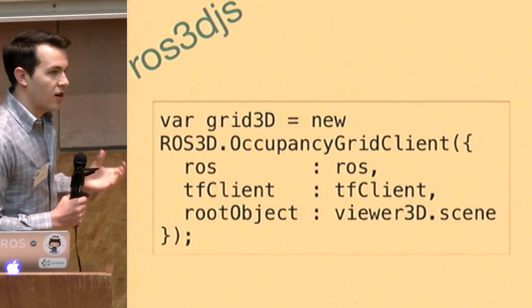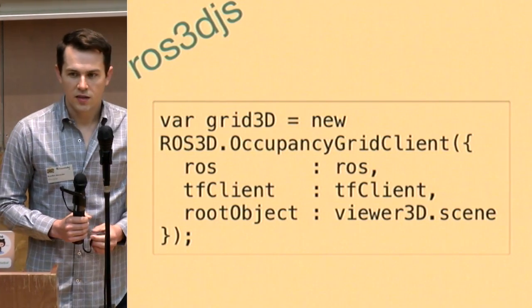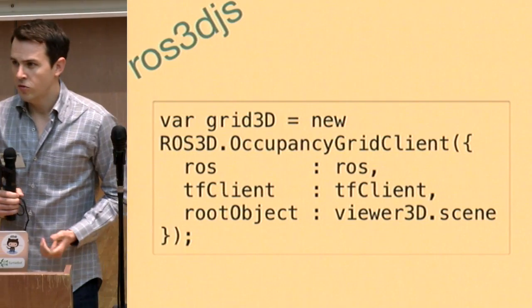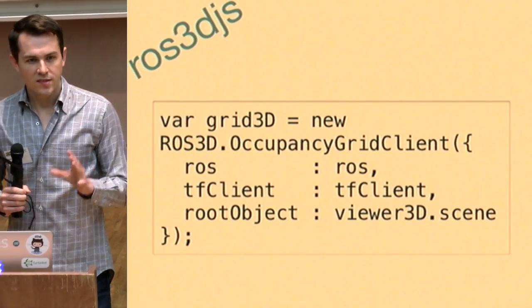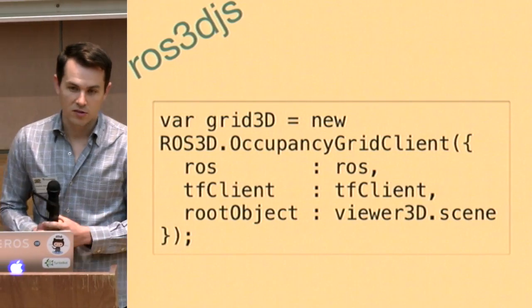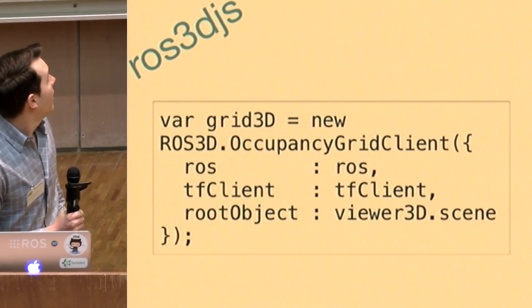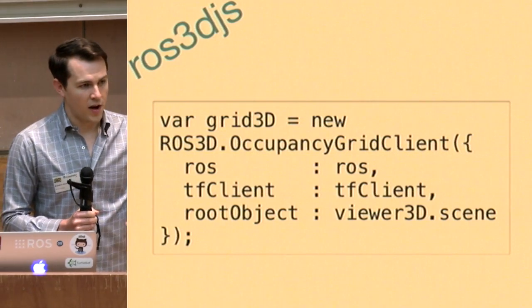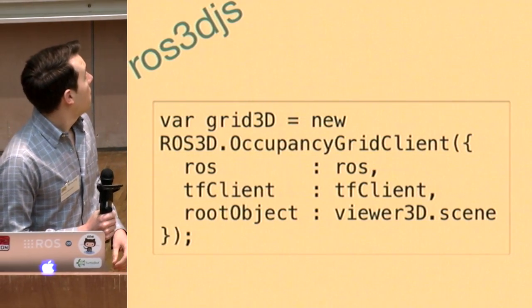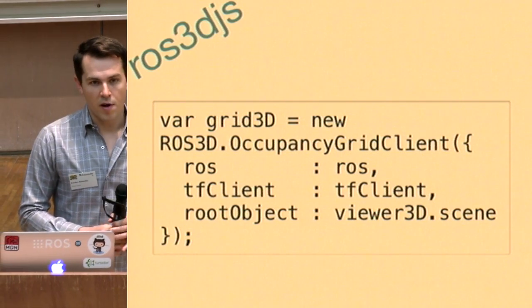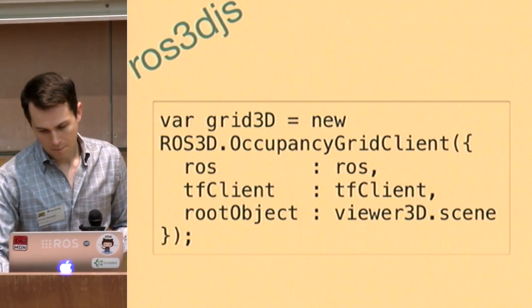So we're already getting an occupancy grid and displaying it in 2D, and we already have the robot's pose. So we can take the same, get an occupancy grid using ROS3D's occupancy grid client, render it in 3D, and then add the robot model to that location.